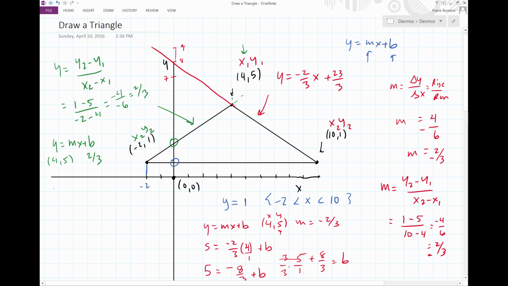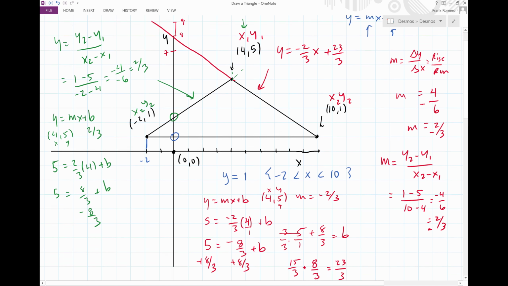So y is 5, this one's x, this one's y. Y is 5 equals 2/3, x is 4 plus b. So this is 5 is equal to 8 over 3 plus b. So I'm going to subtract 8 over 3.